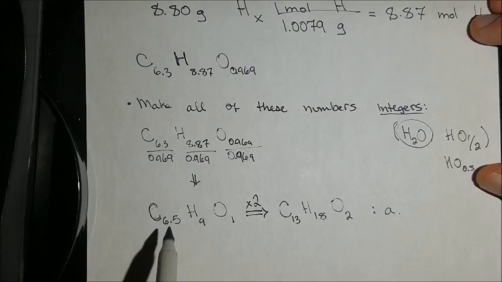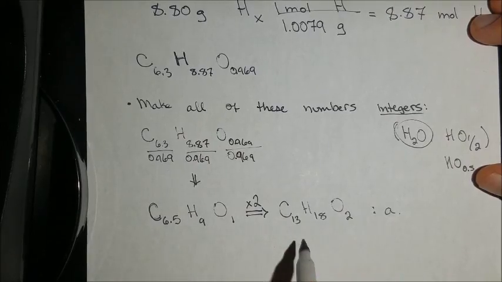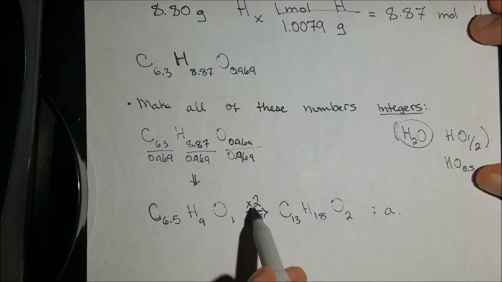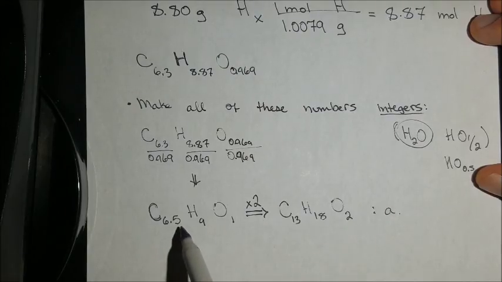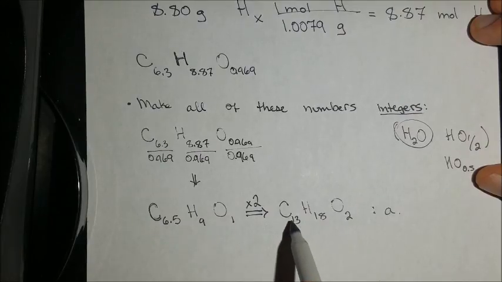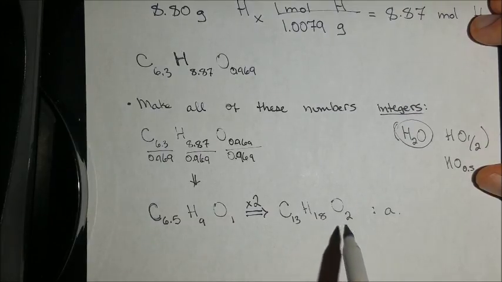But because this is exactly 6.5, this indicates that we are not yet at the integer level, and we need to make one more multiplication to get all of these into integers. So we multiplied it by 2 to get the 6.5 into an integer. By multiplying all of the numbers here, we got C13, H18, and O2. And that gives us the answer A. Alright, so that's quiz number 6.